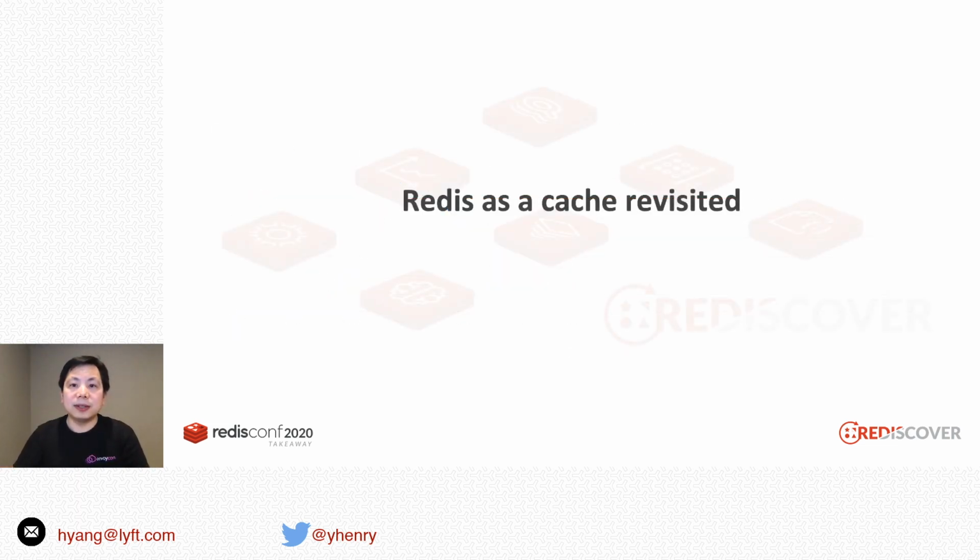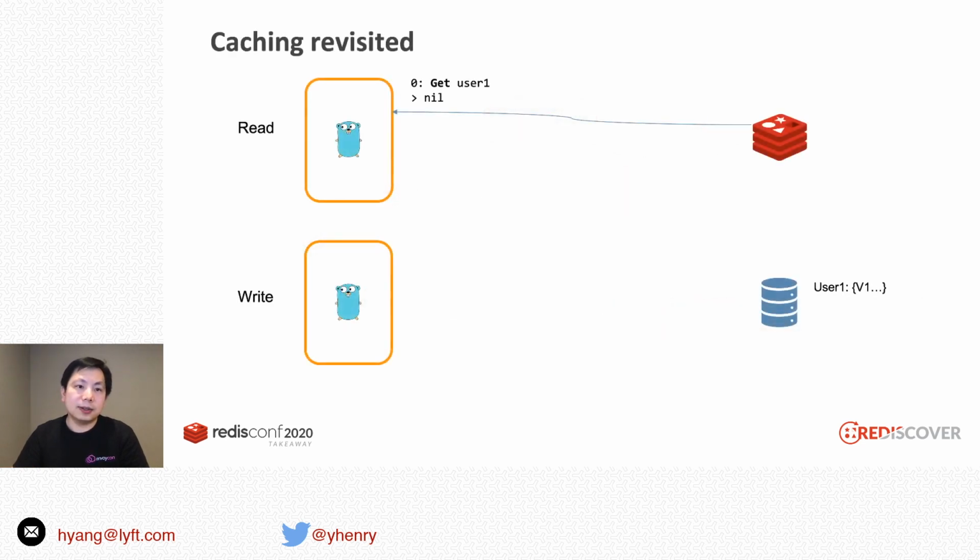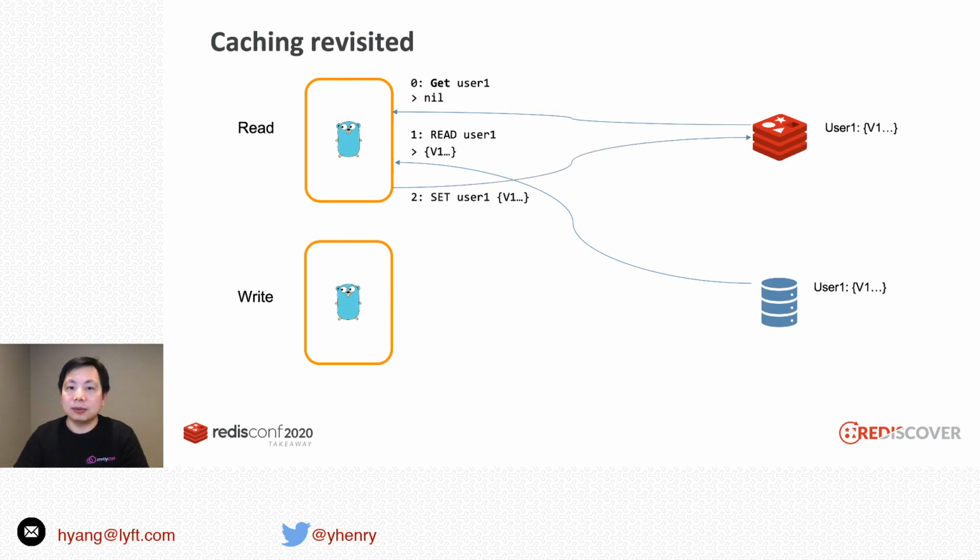Next, we'd like to revisit some of the lessons we learned using Redis as a cache for a database. The basic idea is simple. First, we try to get the item from the cache, and if it's a cache miss, we read it from the database. Then we update the cache. If a hot key expires, then this pattern can result in cache stampede.